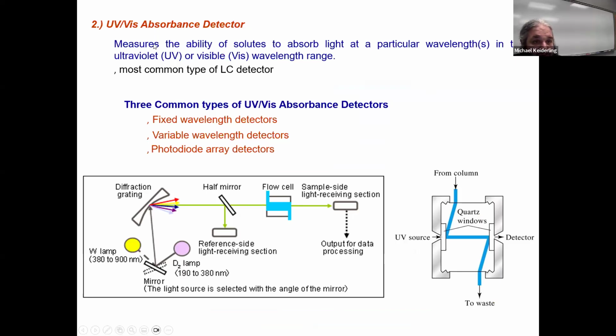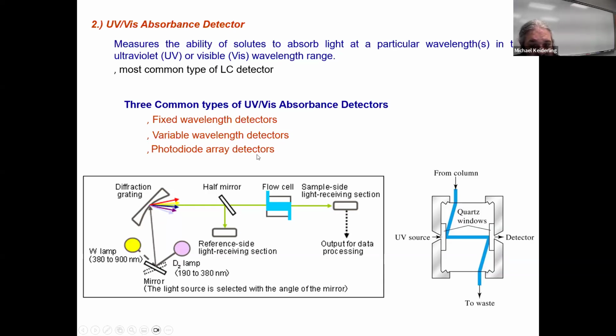Another common detector is a UV visible absorption detector, which measures the abilities of solutes to absorb light at some particular wavelengths in the ultraviolet or visible range. This is the most common type of liquid chromatography detector. There are three common types. You have fixed wavelength detectors, which only detect one wavelength. You have variable wavelength detectors, which have a monochromator, so you can pick your wavelength in question.